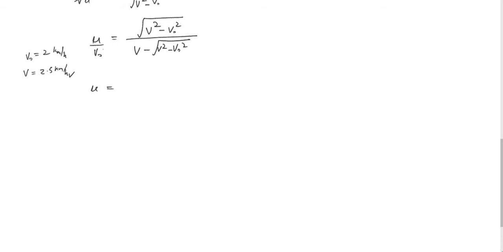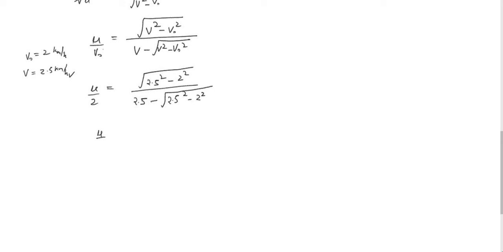So u by V0 is equal to, with V0 equal to 2, under root of 2.5 square minus 2 square divided by 2.5 minus under root of 2.5 square minus 2 square.